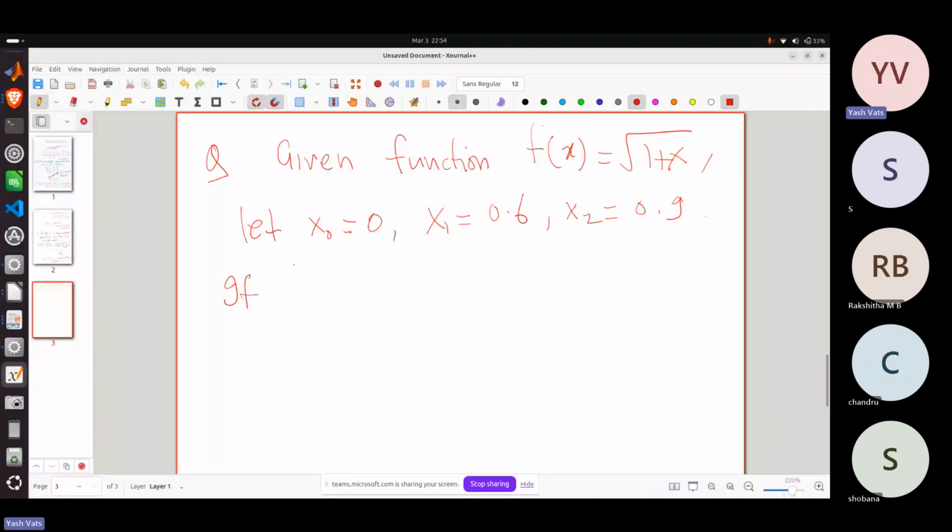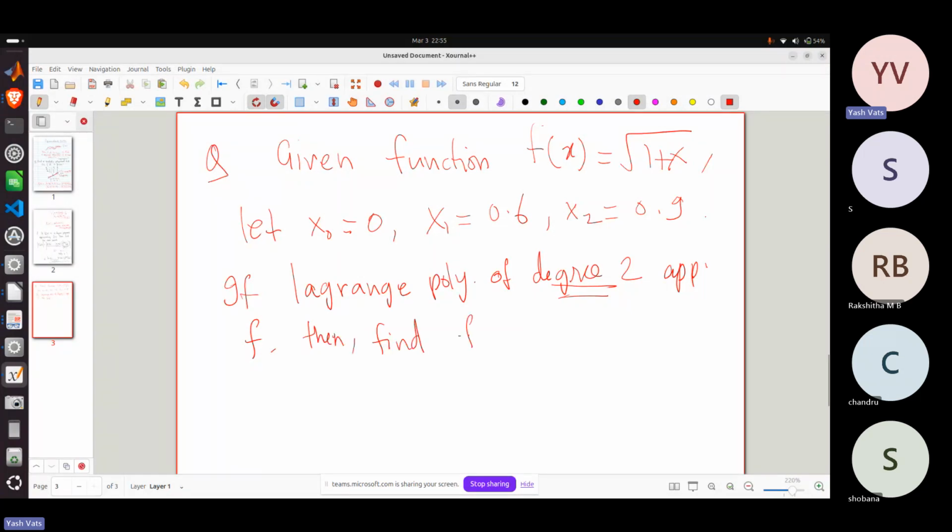If the Lagrange polynomial of degree 2 approximates your f, then find f(0.45) and the absolute error.